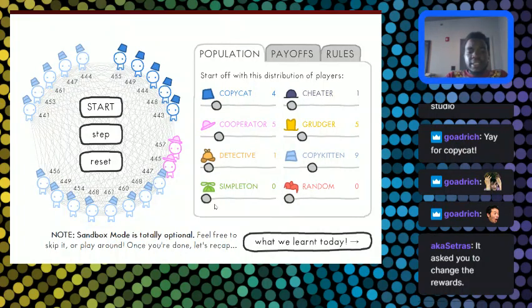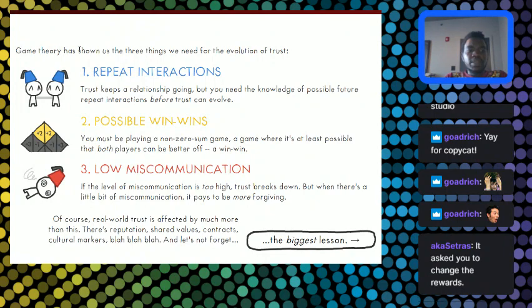Yes, let's see if we can recap. Game theory has shown us the three things we need for the evolution of trust. Repeat interactions: trust keeps a relationship going, but you need the knowledge of possible future interaction before trust can evolve.